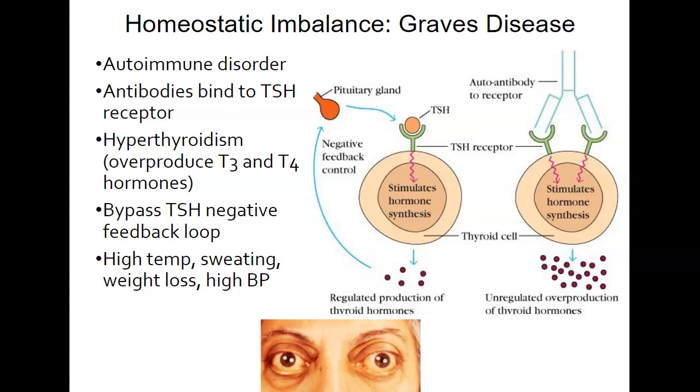So that's why it's called hyperthyroidism. And it becomes unregulated and not able to be negatively feedbacked. So you can get things like sweating and weight loss because your metabolism is ramped up. It can give you high blood pressure and a number of other things.